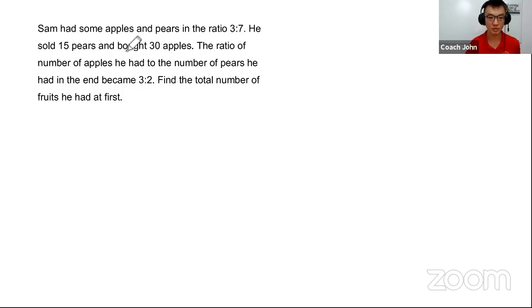Sam has some apples and pears in the ratio 3:7. Then generally, if possible, I will box out the change using another color, followed by another color for the after.